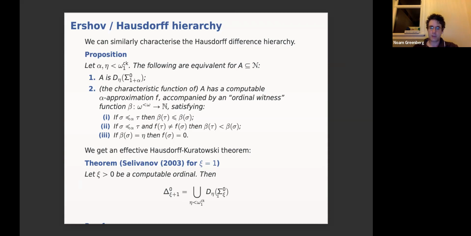But essentially, after we've translated all of these notions to effective approximation notions, the way to prove this theorem is to say every converging approximation has a computable ordinal witness function for the convergence of this approximation. And that is true. So if you like, this really generalizes, resembles the Ershov hierarchy for sets of numbers, but there are topological restrictions here.